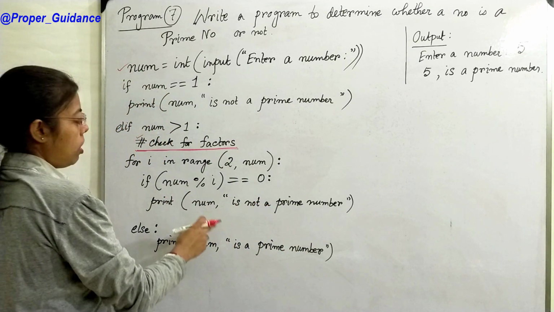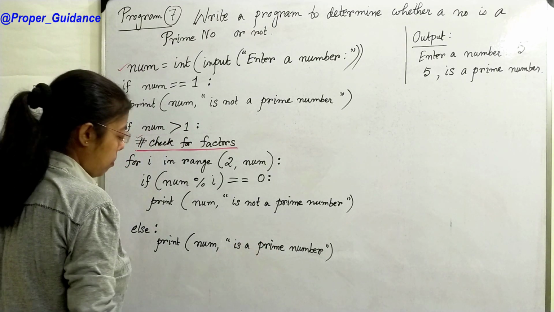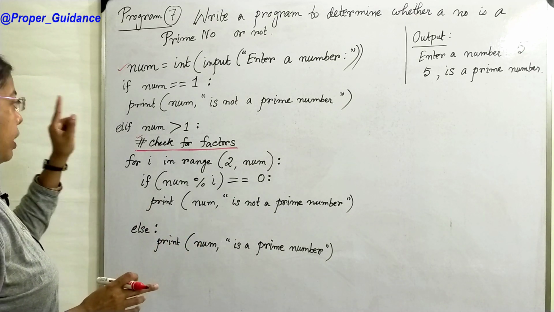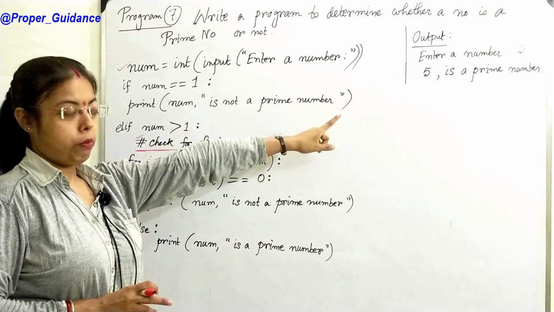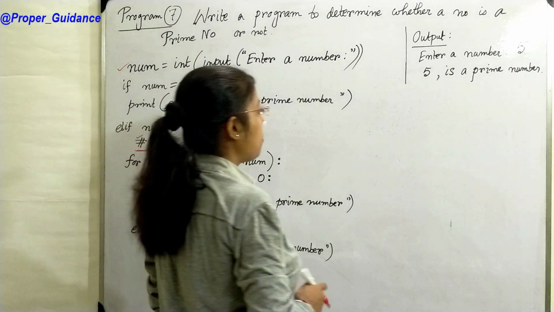So we print here num is not a prime number, else print num is a prime number. If we don't get any factors for the given number, given user input, we will write down that the number is a prime number.